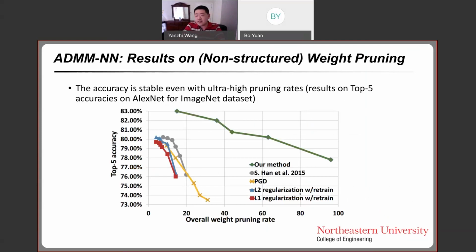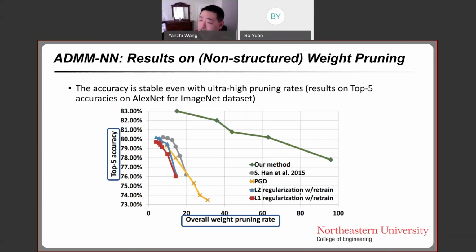Because this kind of work starts from AlexNet, we see this AlexNet again. Now, because there is batch normalization, we have the PyTorch version, so the starting accuracy shouldn't be 80% as top 5 accuracy anymore. We should go to 83%, 84, or even 85. In this example, the y-axis is the accuracy, and the x-axis is the overall pruning rate.